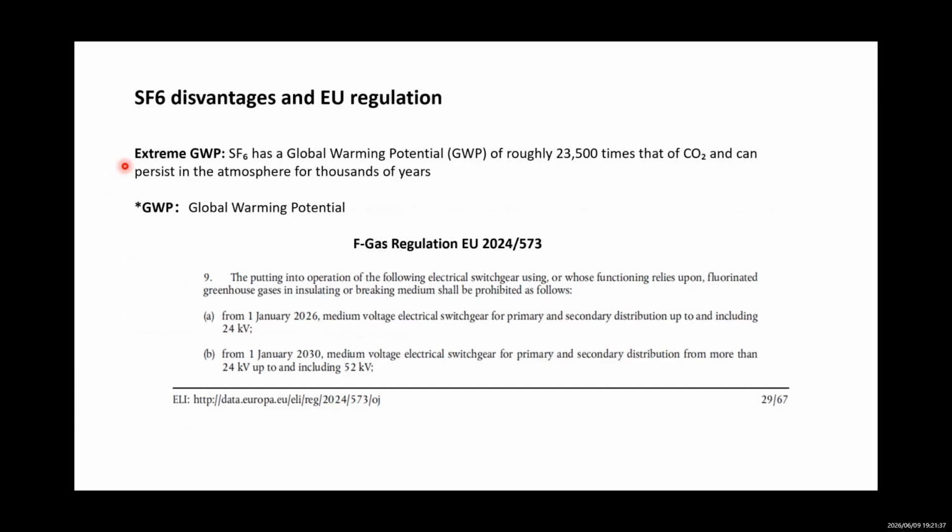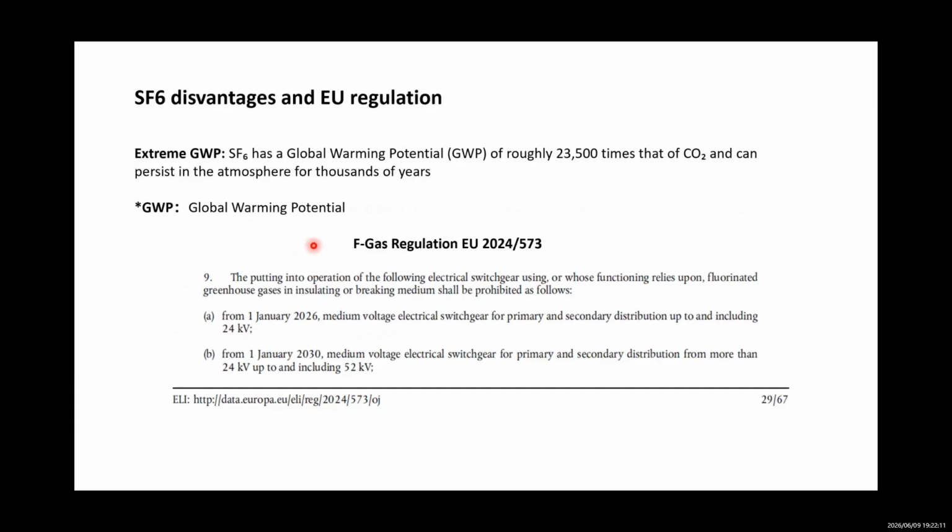The GWP is roughly 23,500 times that of CO2, and it can persist in the atmosphere for thousands of years. So it's not a good gas regarding the environment.